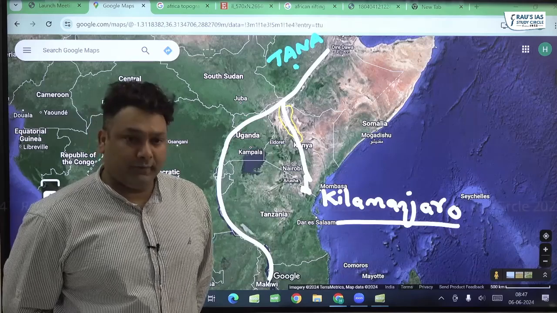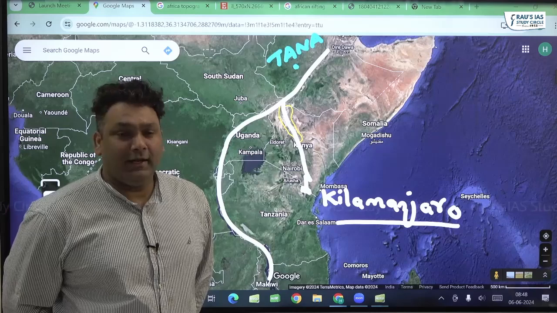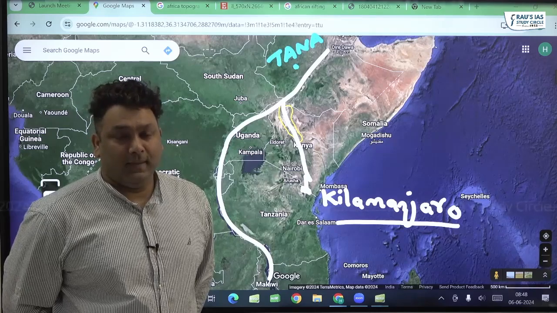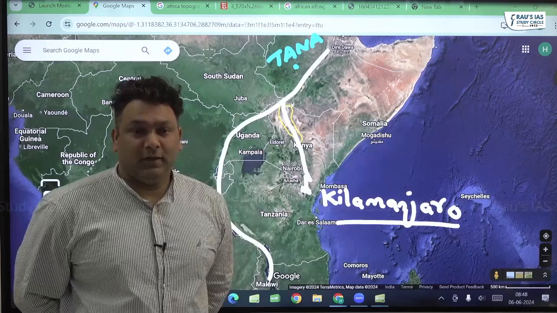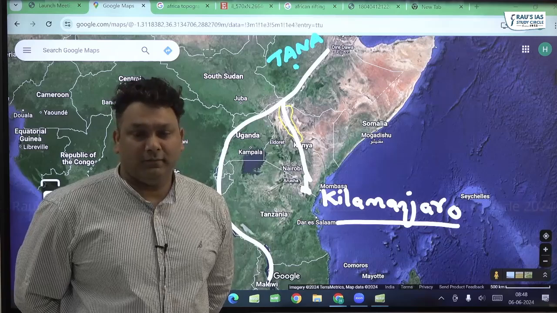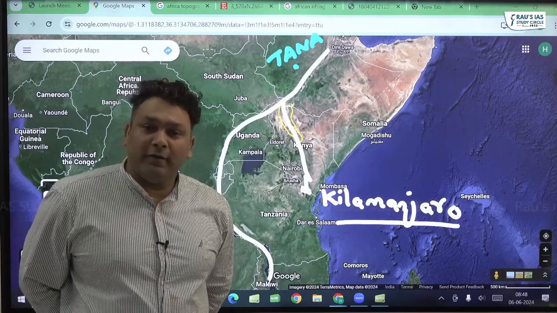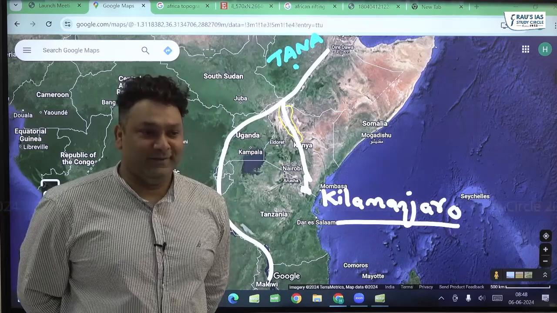Later on, we'll come across this. Lake Tana is not a Rift Valley lake, but it is created due to rifting. I'll explain how. For example, it's not Chandrababu Naidu's government, but the government is created because of Chandrababu Naidu. Understood the point?